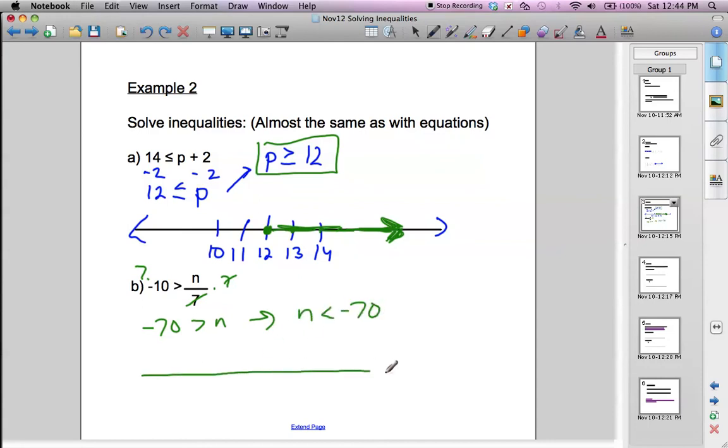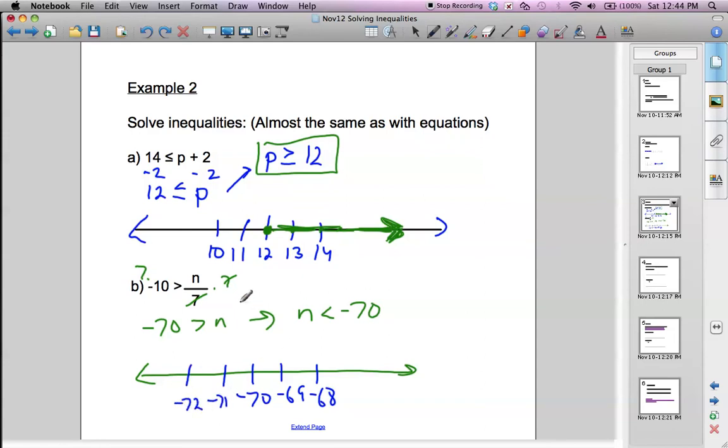So if we draw a number line, we're mainly interested in the number negative 70, so let's put that in the middle. But now be careful here, one larger than negative 70 is going to be negative 69. Then we've got negative 68, and that way is negative 71, negative 72.